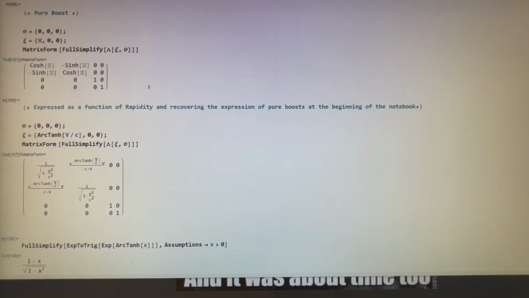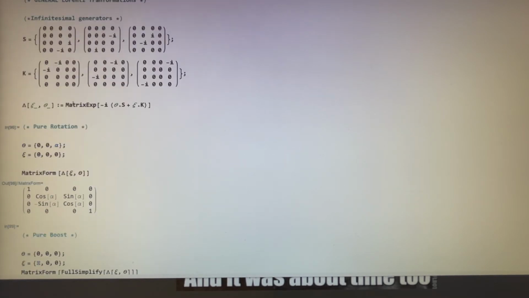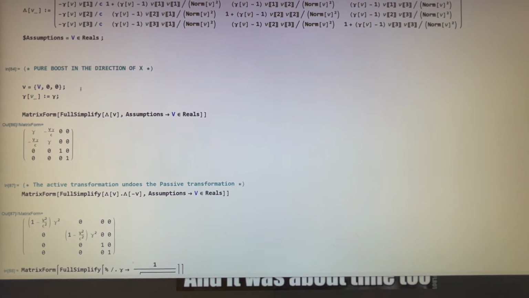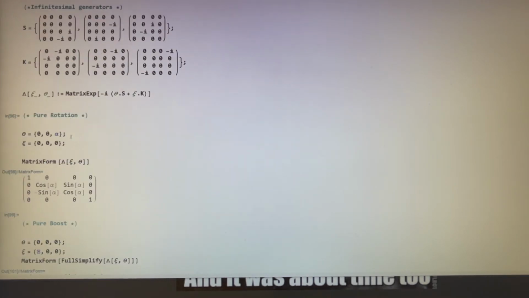The expressions in terms of hyperbolic sine and cosine are exactly the same as the expression that we got for the pure boost from the formulas we derived in class that are more related to what you knew in previous courses. And I hope that that convinces you that this expression is better, more powerful, more general.